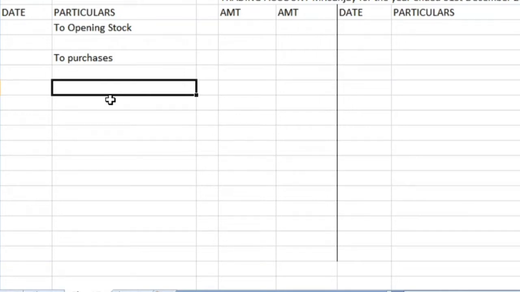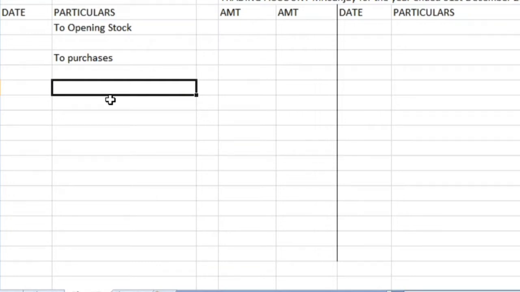In case you forget or in case you have a purchase return, then you can include that in between there and you can finish off the sum. So always leave a line and write for your trading account. Like the other accounts, the ledger account also, I told you, leave a line and do it, because it will be much neater and you'll be able to include items if you forget anything, right?